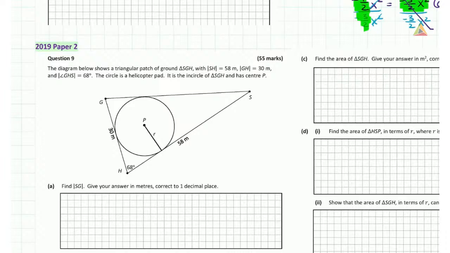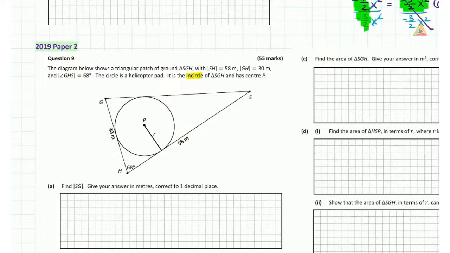First of all, we're looking at a diagram that shows a triangular patch of ground with SH equals 58, so that's marked in, GH is 30, and the angle GHS is 68, as is marked in. It's important to note here that the circle is the incircle of triangle SGH. So we're going to need that information at the very end of the question.